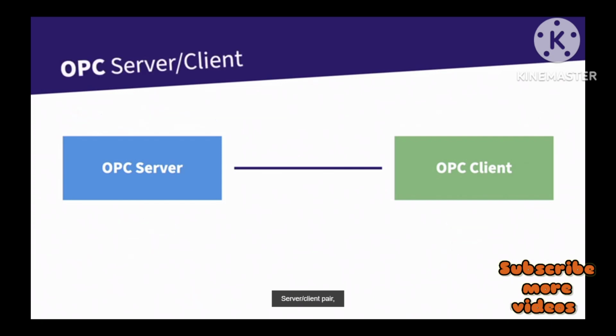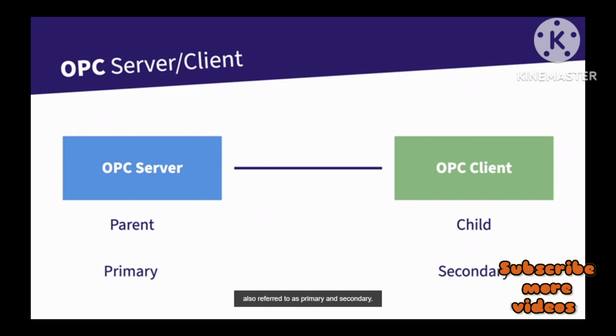Server-client pair, sometimes referred to as parent-child pair, where server is the parent, client is the child, and in some documentation also referred to as primary and secondary. Different naming conventions for the same concept.